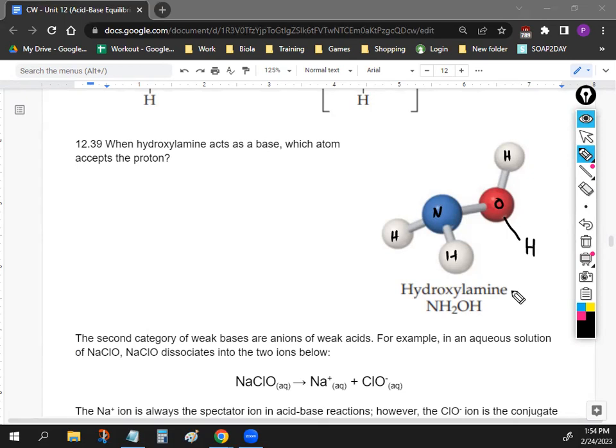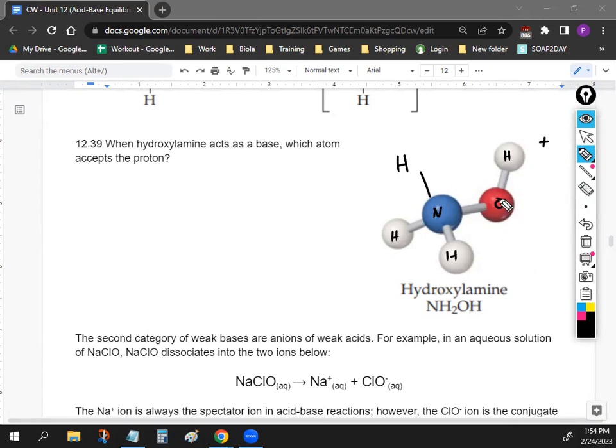But if it's electronegative, does O want to share the electrons? No. O's are very greedy. We don't want to share. So O does not want to share the electrons with H, and nitrogen is going to be the one that shares with H. So it'll be NH3OH. That will be the conjugate acid.